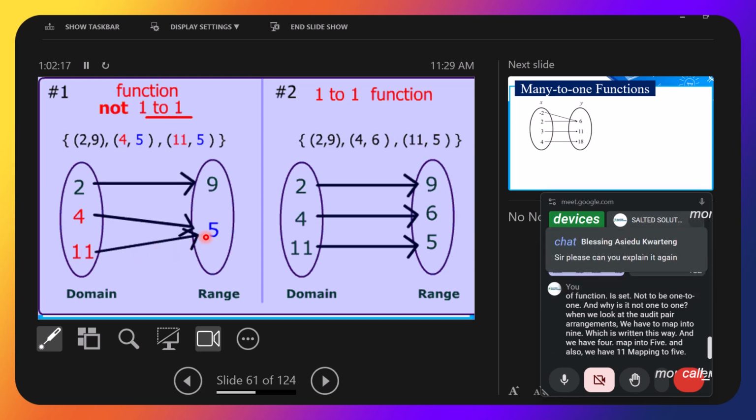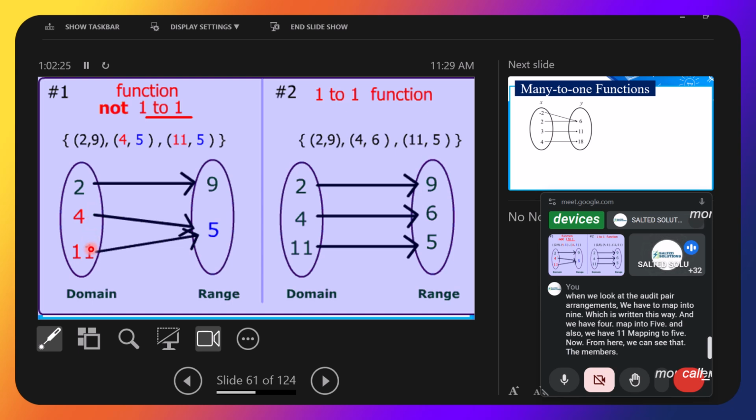Now, from here we can see that the members here are mapping to one element in the codomain, which means that it is a function, but it is not one-to-one, just because you have two elements of this particular domain mapping to only one element in the codomain. So although this example is a function, it will not be a one-to-one function.